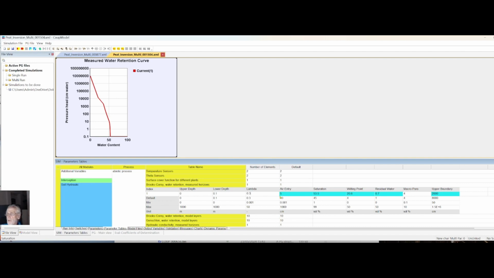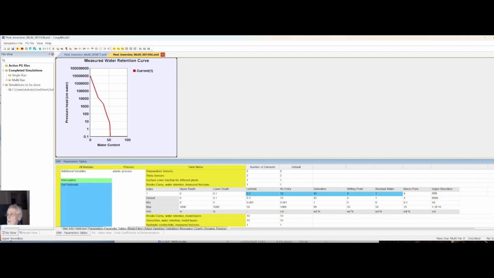And what I will do here is actually that I will take the default values of the model that is a sand. So wilting point 4 and residual we have 1, and then there's the upper boundary.